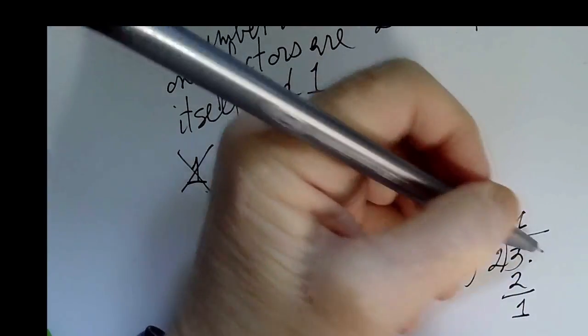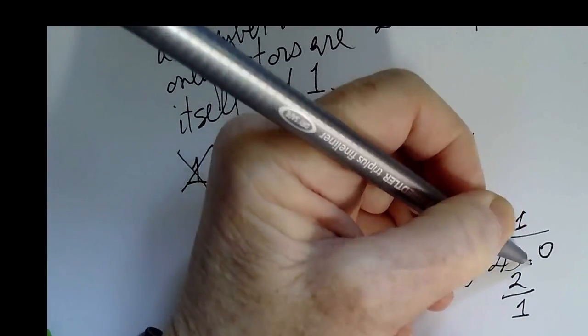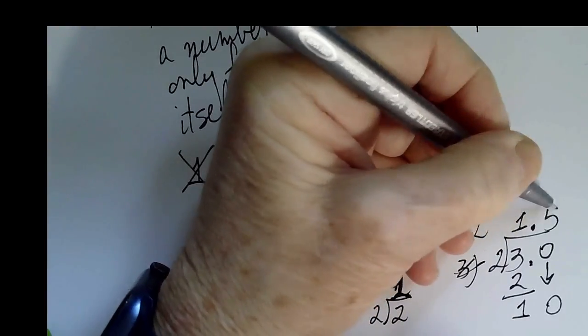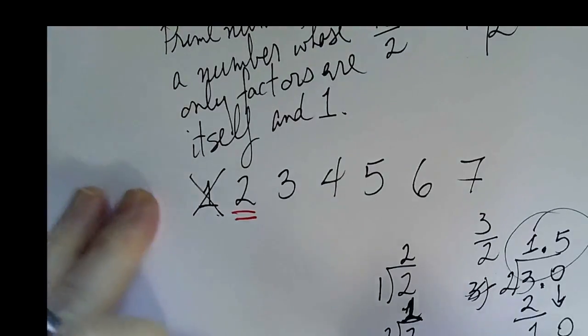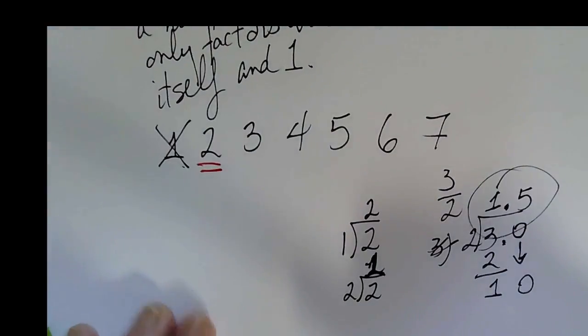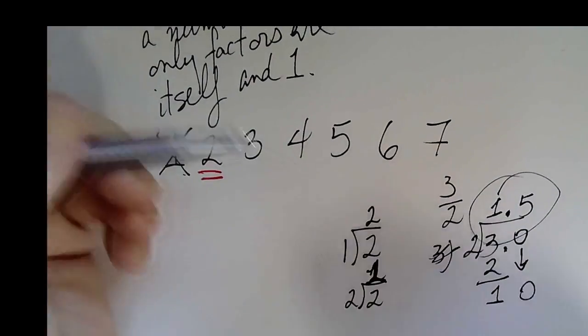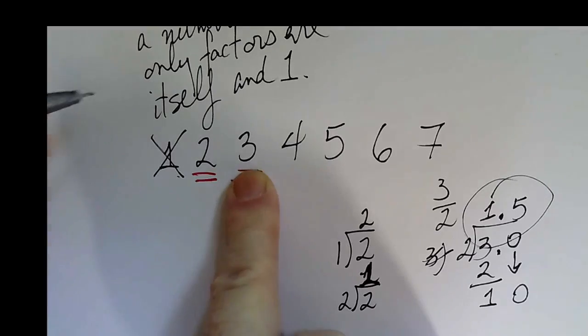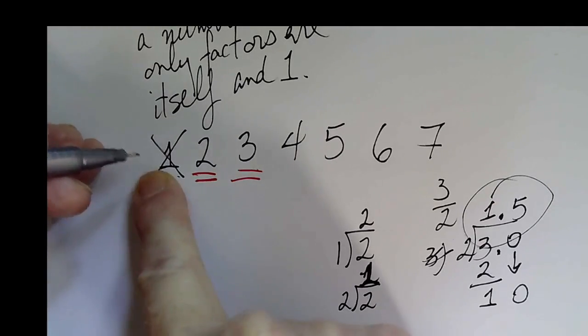Then we have to bring down the next number. So I have to put a decimal and put a 0 and bring it down. 2 goes into 10 5 times. This is not a whole number. This is a decimal number. So 3 is prime. Nothing goes into 3 except 1 and itself.